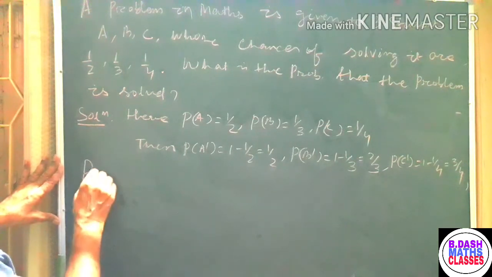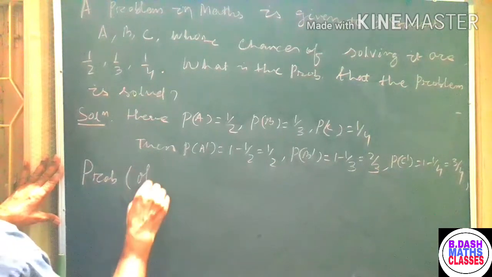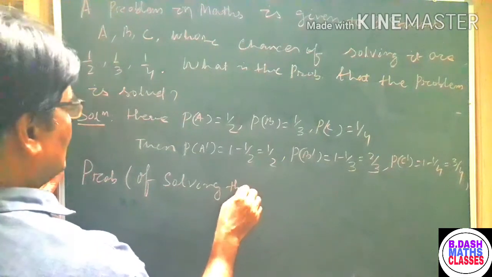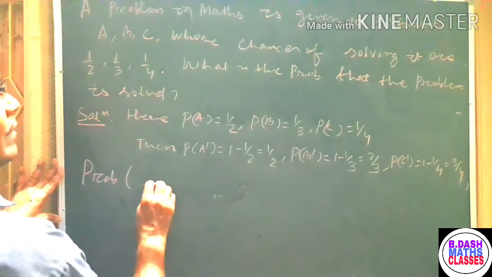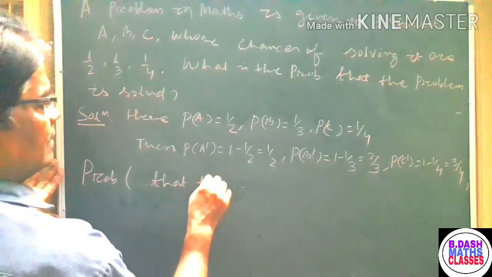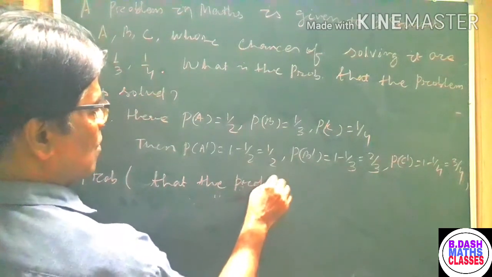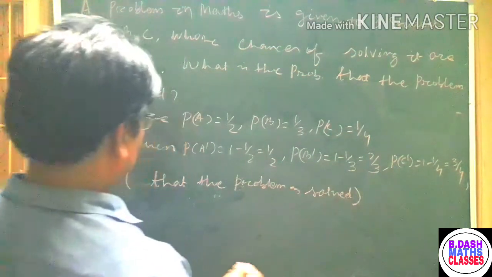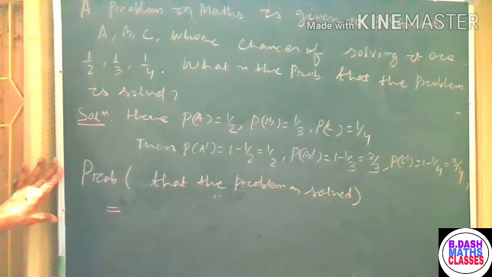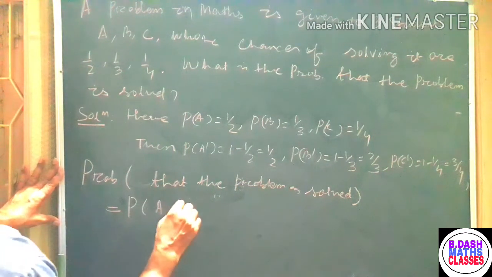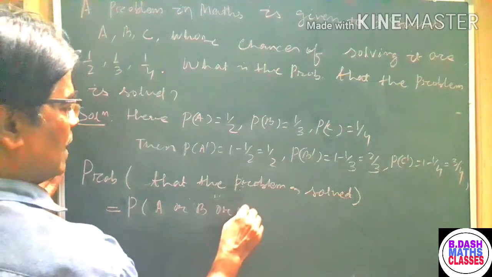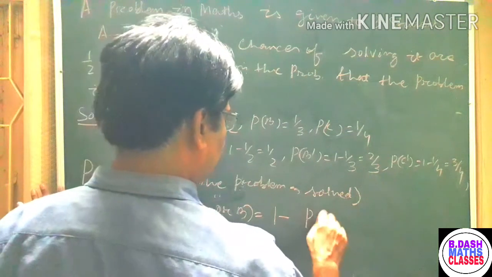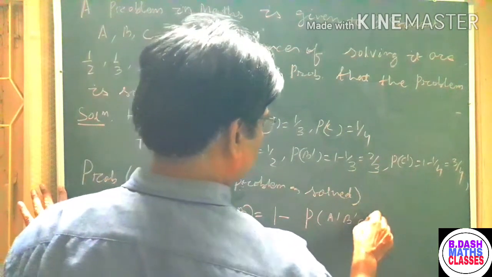So the probability that the problem is solved is equal to P of A or B or C, which is equal to 1 minus P of A dash, B dash, C dash.